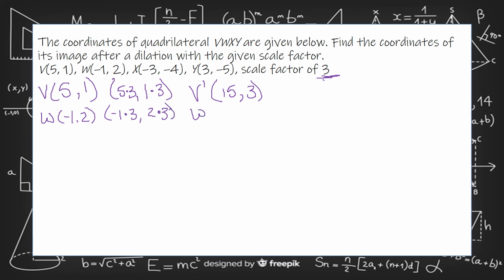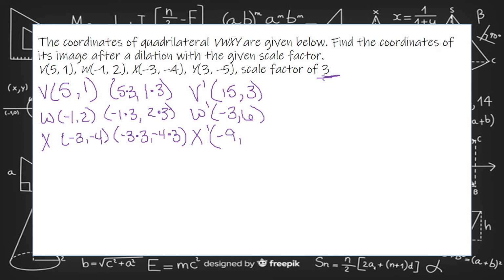So W prime would be negative 1 times 3 is negative 3. 2 times 3 is 6. Then X. We've got negative 3 and negative 4. We're going to multiply both of those by 3. Negative 3 times 3 is negative 9. Negative 4 times 3 is negative 12.